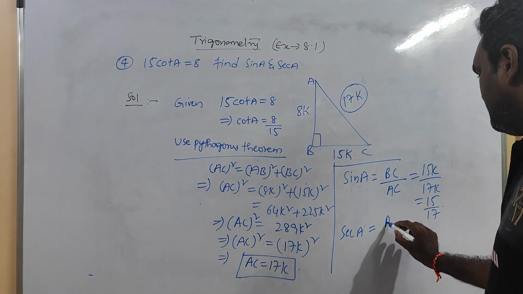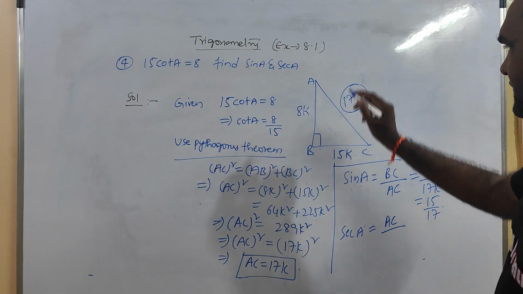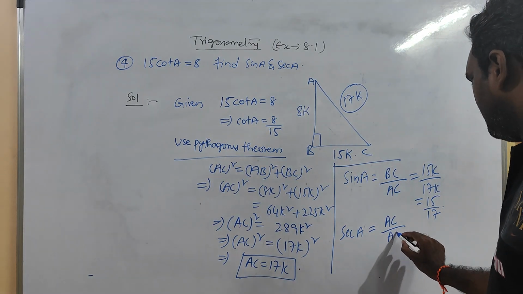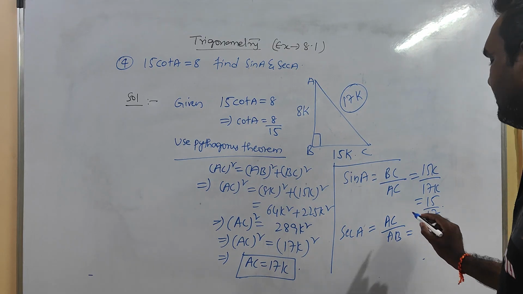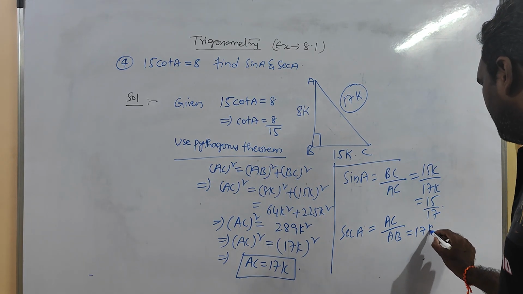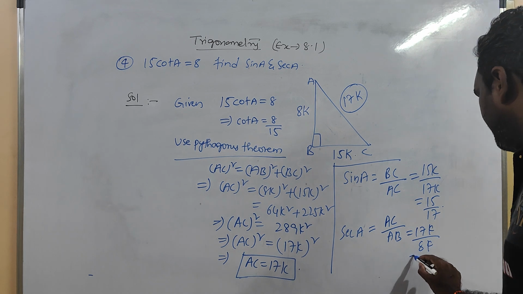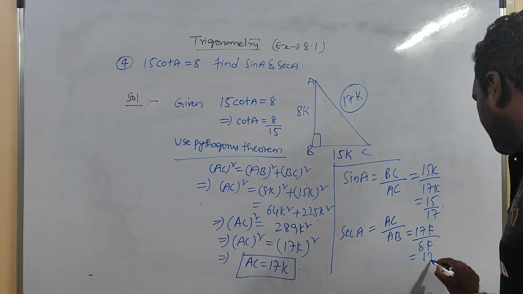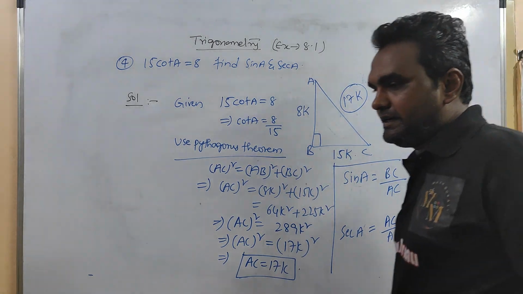Hypotenuse is fixed and adjacent for A is AB. So what will you get? AC is 17K by AB is 8K. K and K will get cancelled. You will be getting 17 by 8. This has to be our answer for secant A.